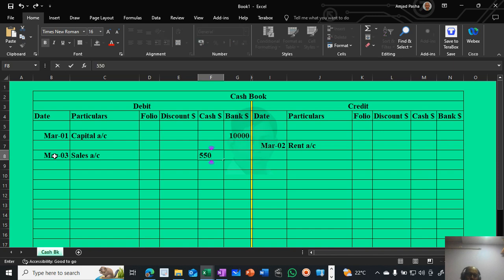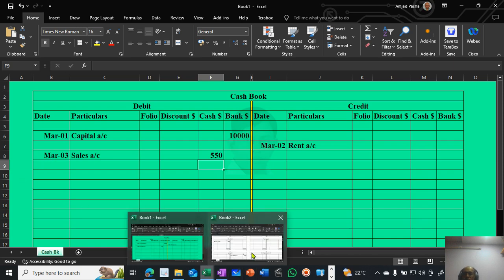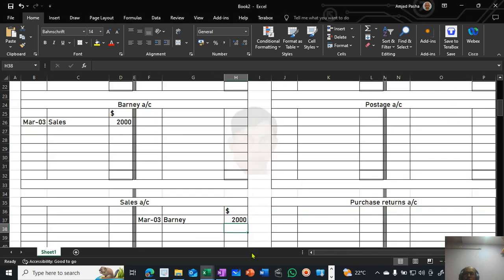So what is the meaning of cash float? To keep cash handy. They have sold some goods and they have kept money. So sales, the same date. Cash account 550. Okay, now coming to the next part.